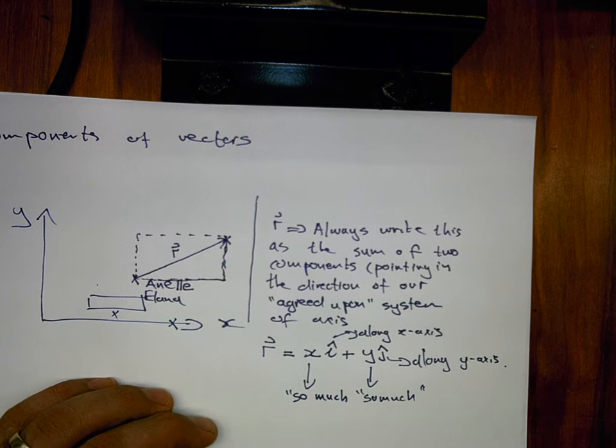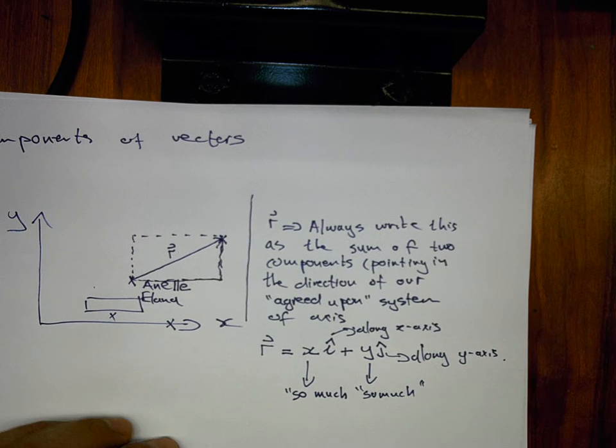So this is just the mathematical way to say what I told Ilana in simple English: first walk a certain distance along the x-axis, then you walk a certain distance along the y-axis. So if you see something like this, it means you must do something in one direction and then you do something in another.